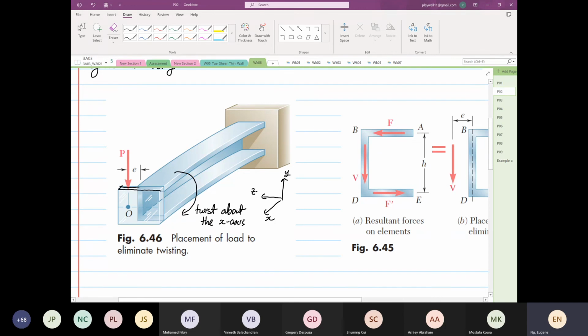Can you see what I'm drawing now? This is an artificial block. This is actually not there. But in our analysis, we're going to create a block like this, right? And then we're going to put a force P a certain distance away from the structure known as E. You see this term E, right?